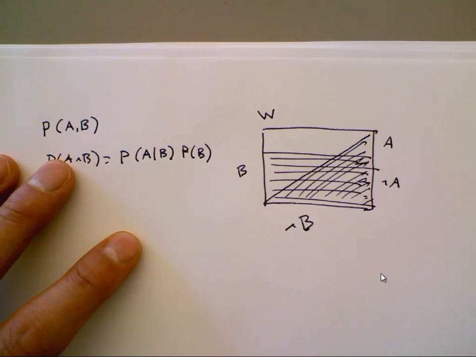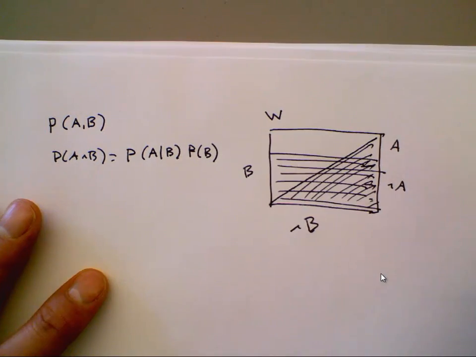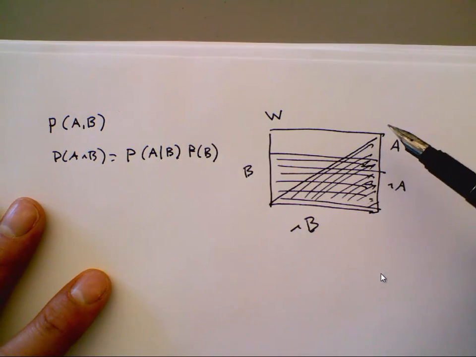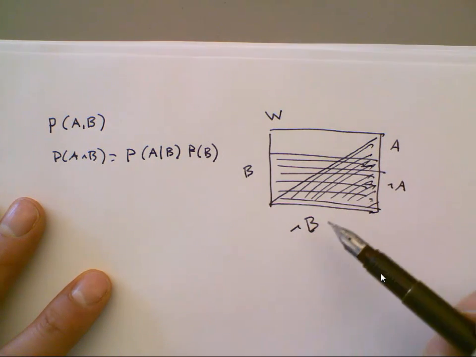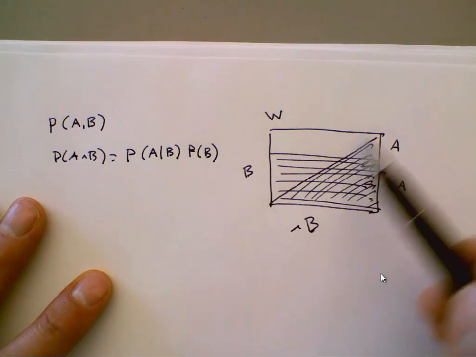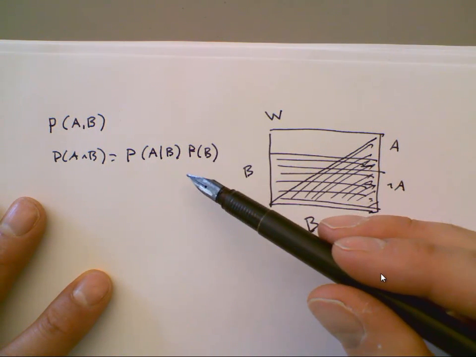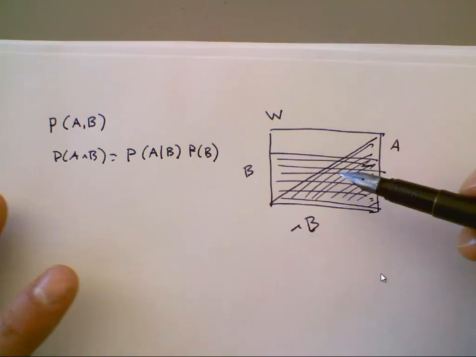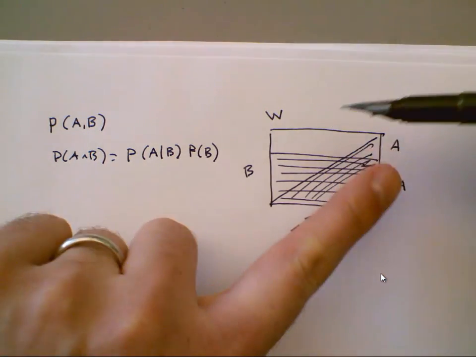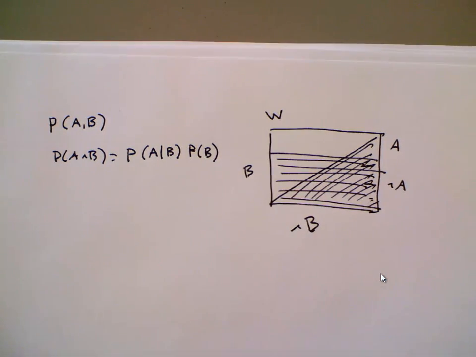So the probability that A and B are both true is the probability that A is true given that B is true times the probability that B is true. If you happen to know these two things, you could compute that.